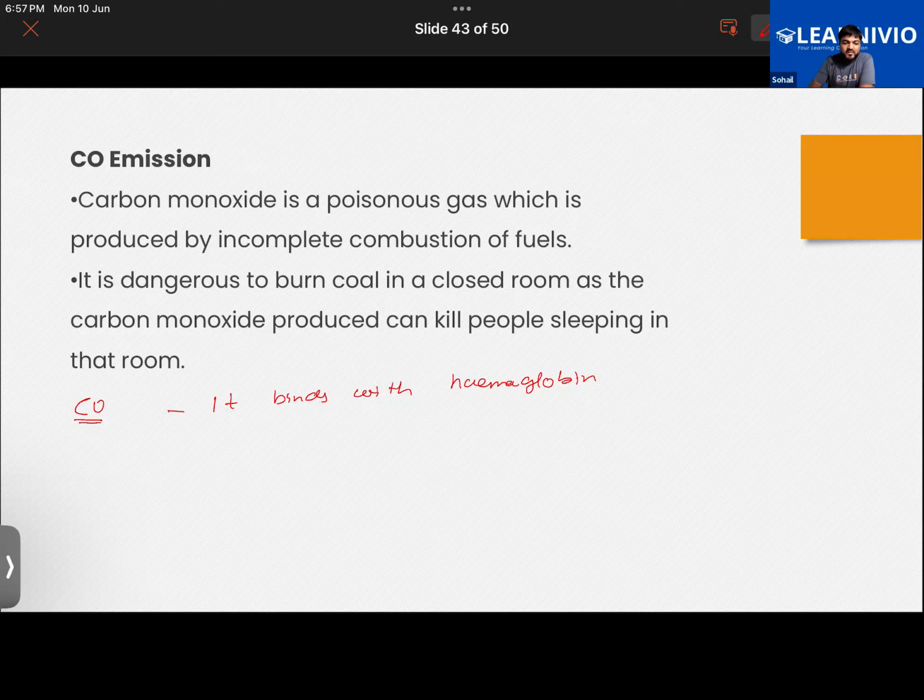So what I was saying is that carbon monoxide, this gas will bind with the hemoglobin found in your blood. What basically happens? Hemoglobin, this pigment, basically carries the oxygen from the air that you are inhaling.